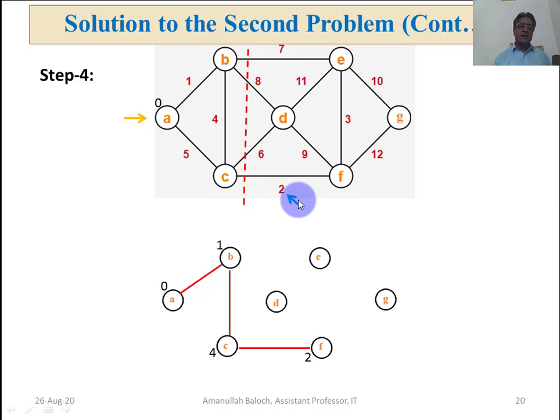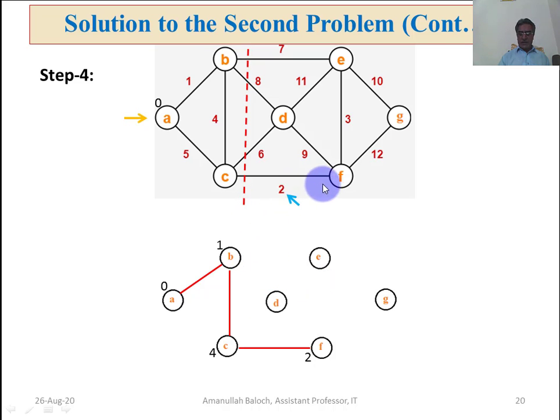This edge has weight 7, this edge 8, this edge 6, this edge 9, this edge 3, and this edge 12. So 7, 8, 6, 9, 3 and 12. 3 is the light weight.